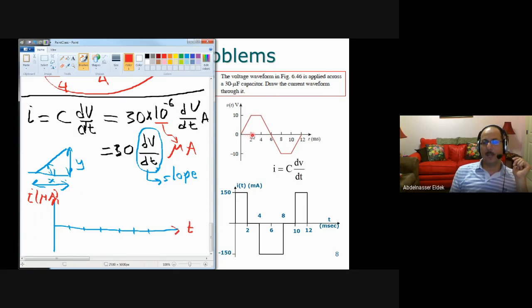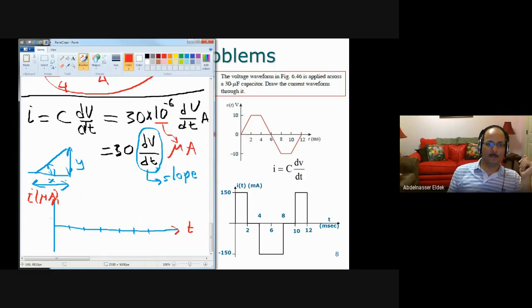First, between 0 and 2. The slope of this line is what? y is 10, and the x is 2. 10 divided by 2 is 5. That's it.